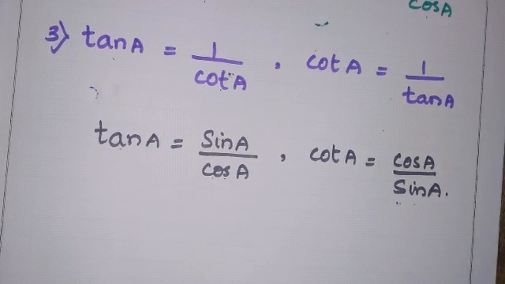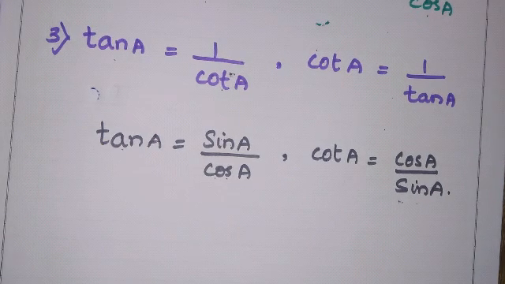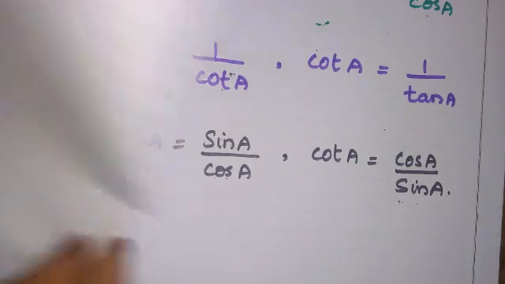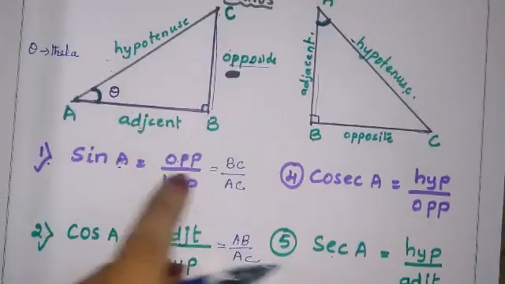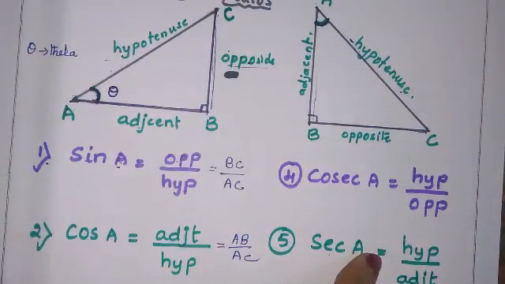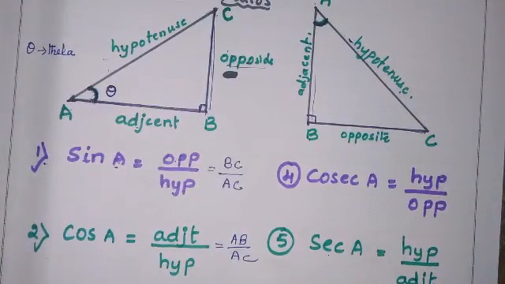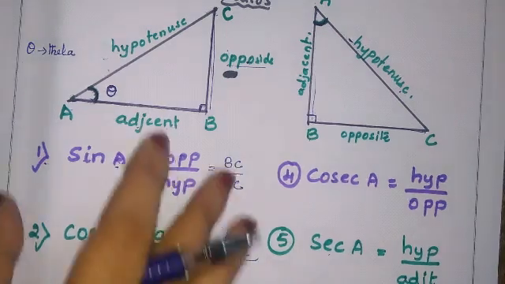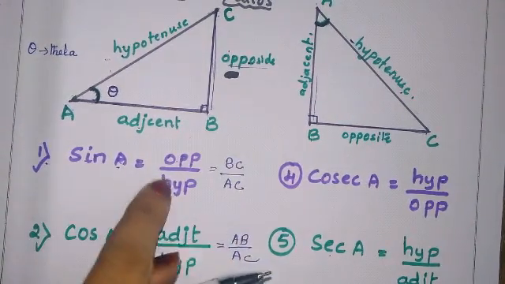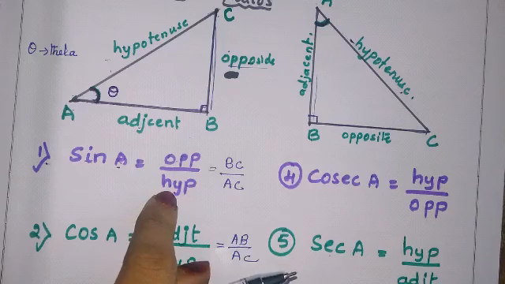This is the introduction of trigonometry which I have given you, which is very important. Unless you know the trigonometric ratios and their corresponding sides, you can't proceed further. First you should know this. Sin means which side upon which side, you should know.